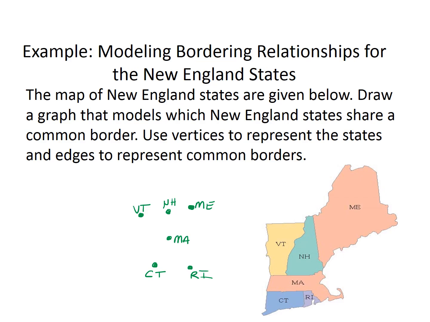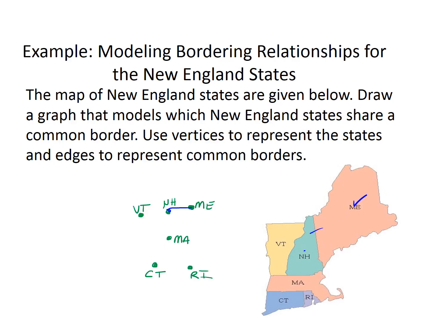It might help you to put them sort of in the same places. So let's start with Maine first. It looks like the only state that is connected to Maine from these states is New Hampshire. All right, they share a border, so we're going to connect them with an edge.